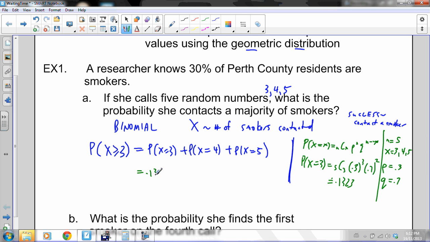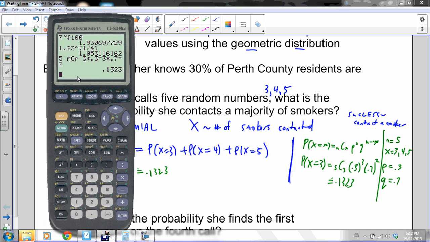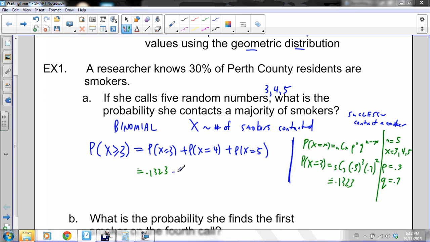That's the 0.1323, and hopefully some of you are good at doing this on your calculator and can just go back and change the values, right? That's got to be 4, that's got to be 4, that's got to be 1, and you can change this. Excuse me, you should get these values.